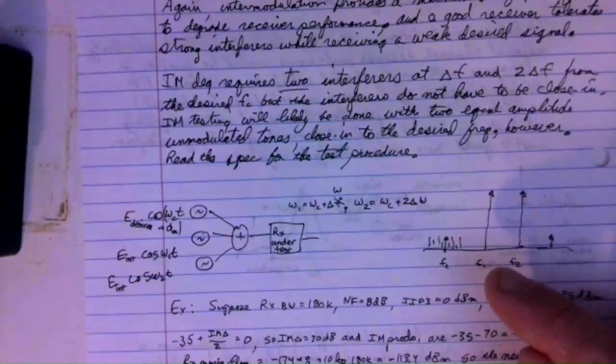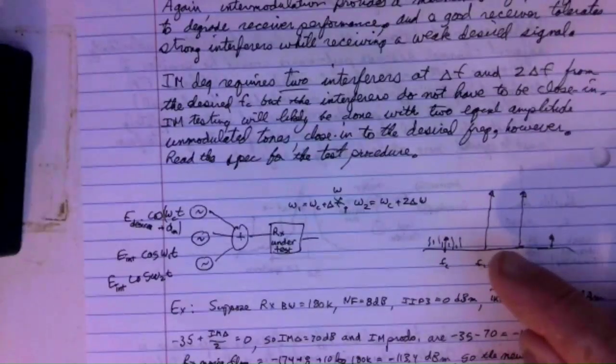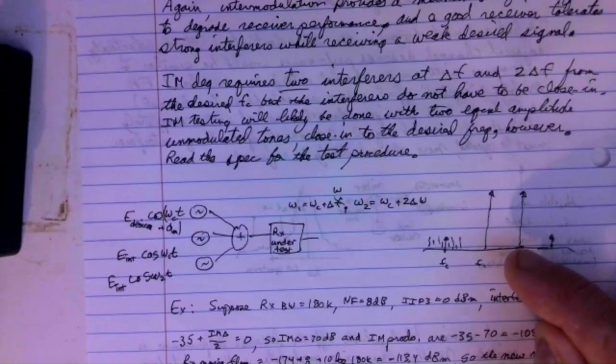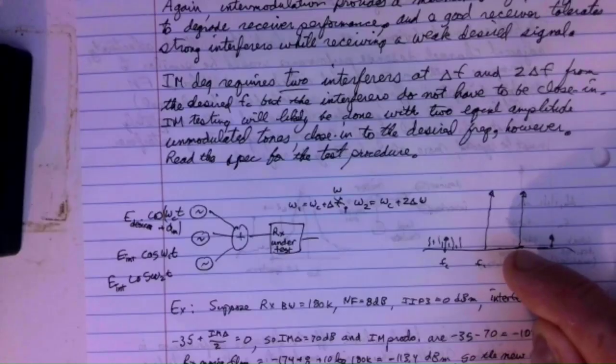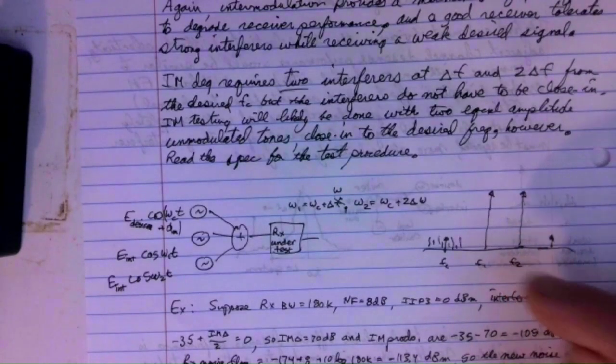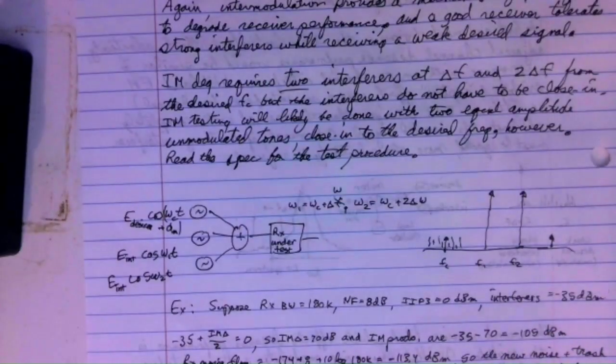In the field, of course, the interferers will almost certainly be modulated, and they won't necessarily be equal amplitude. That would be improbable. But when you test it, you're going to have probably unmodulated tones and probably equal amplitude tones.